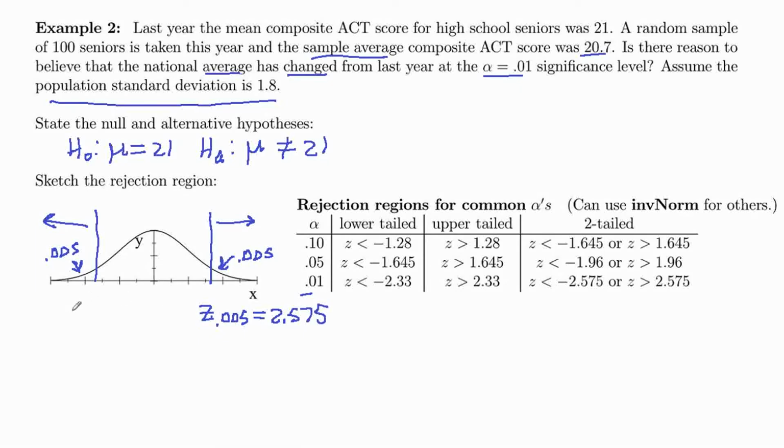And then this one is negative z.005, negative 2.575. So that's the first two steps in a hypothesis test. Set up your null and alternative and sketch your rejection region based on alpha. This other information, we didn't need that yet.